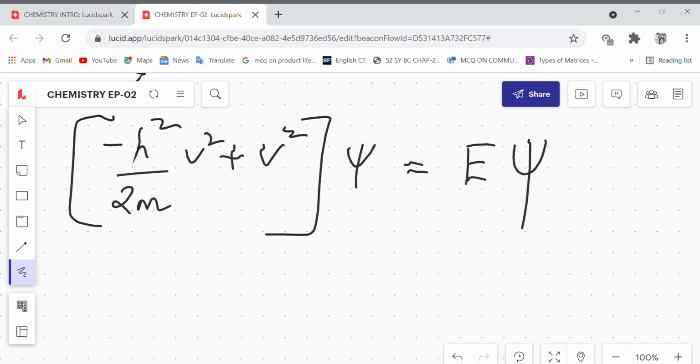So we will write that equation as minus h square divided by 2m del square plus V whole into psi equal to E psi.